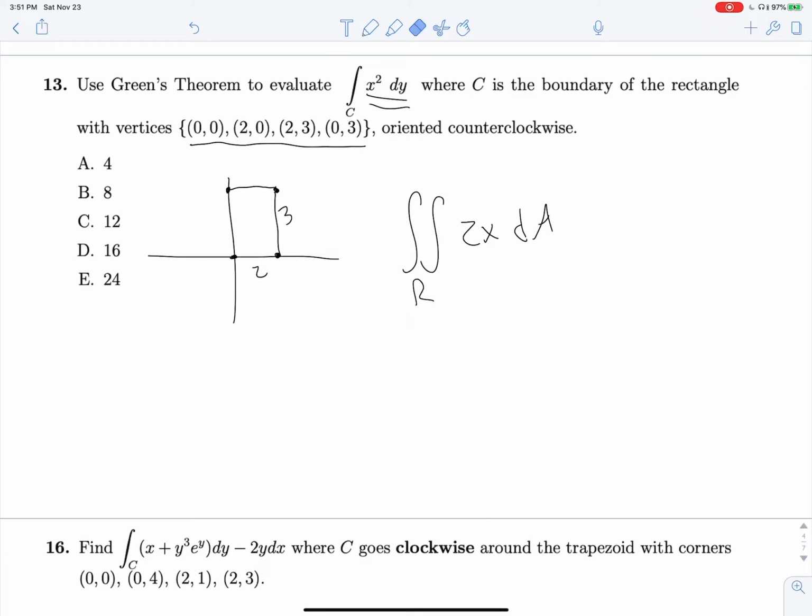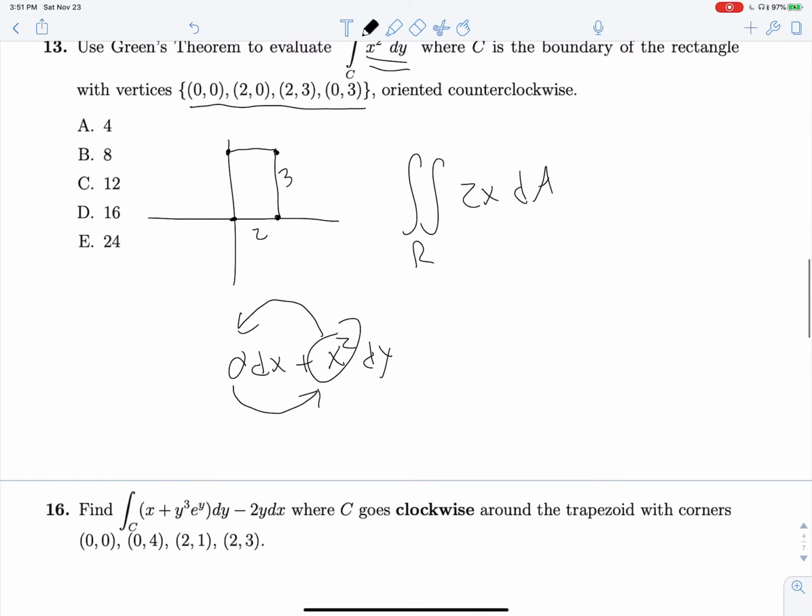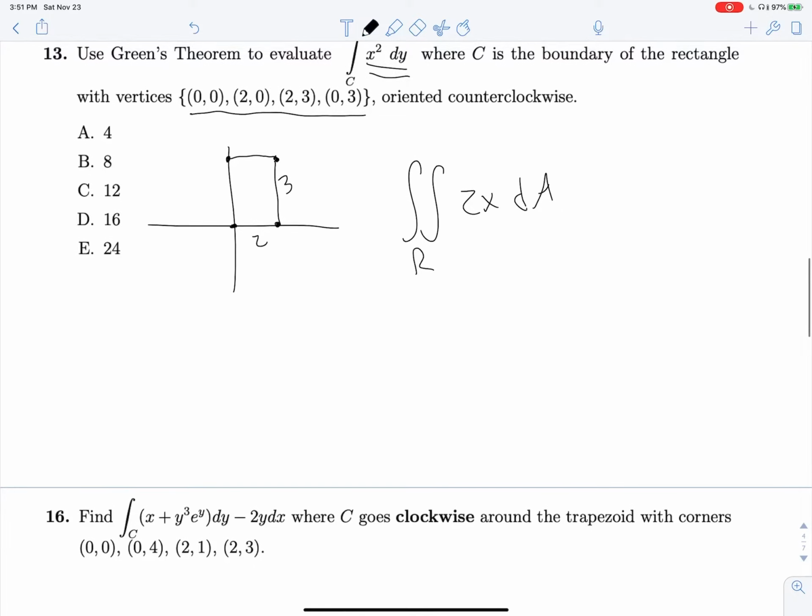And that's because this is essentially like having 0 dx plus x squared dy, and we know that when we apply Green's theorem, this guy goes over here, and this guy goes in to replace it with the sign flipped. And you can see how that would give us our 2x that we already found.